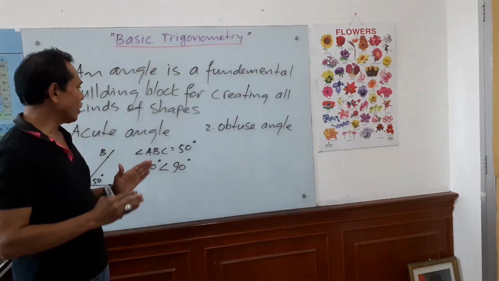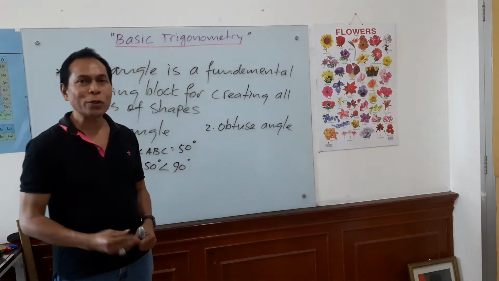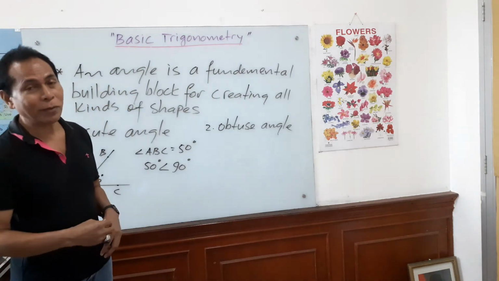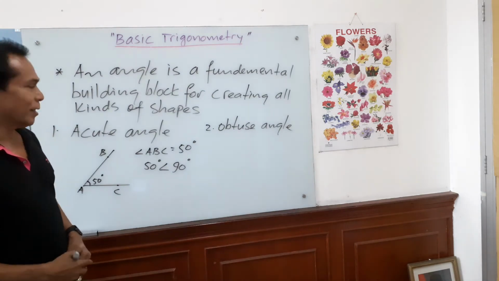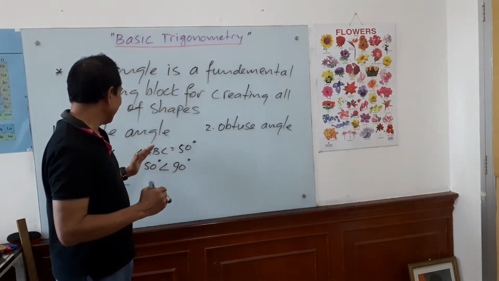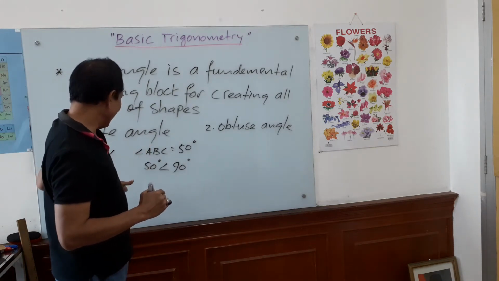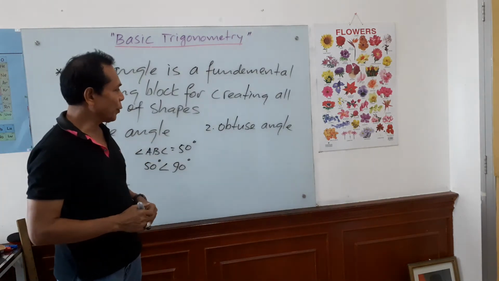So it is between 90 and 180. Once again, an obtuse angle is also not exact. It can be 100, 125, 150, but not 180. Below 180 and above 90, that is an obtuse angle.